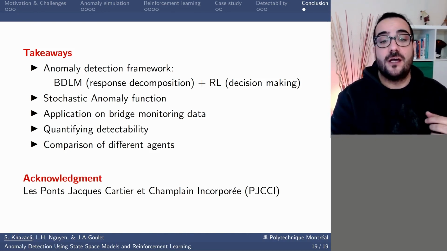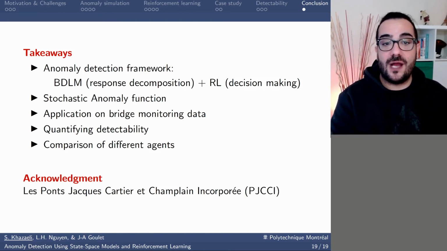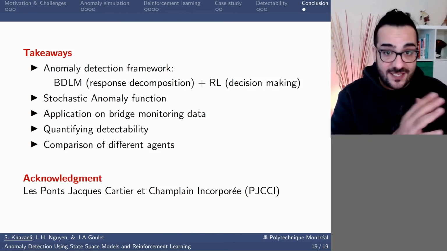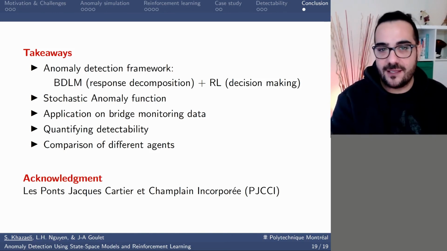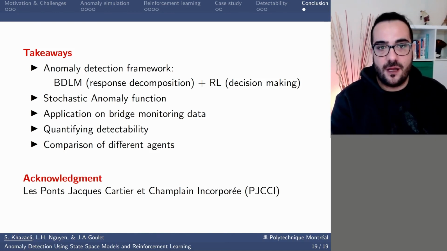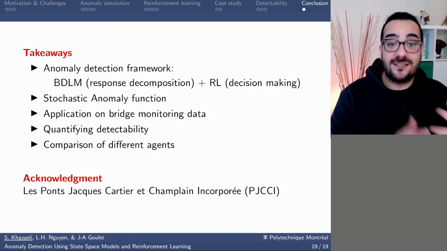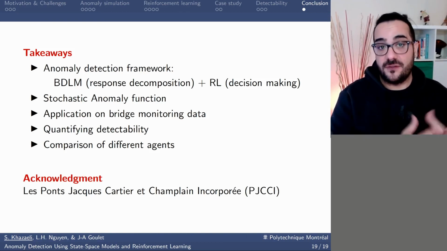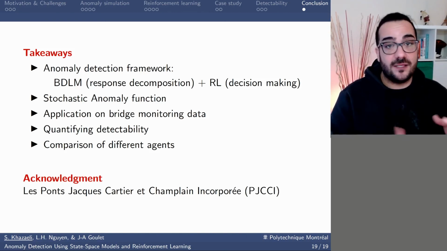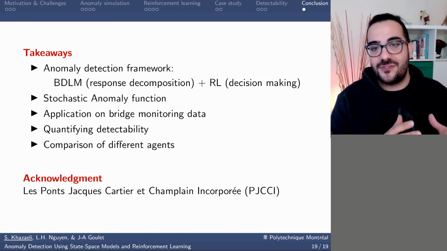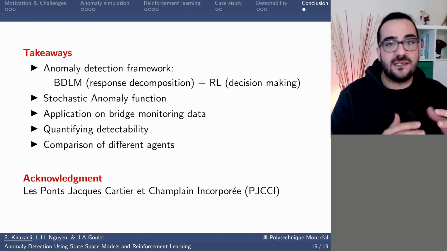In addition, we proposed a formalism for anomaly as the transition between the stationary and non-stationary regimes, and we showed the application of the framework on real data collected on a bridge. Later, we proposed a method to quantify the detectability of the anomaly detection framework. And finally, we compared different agents' behavior and showed how the detection metrics vary depending on the selection of the reward function values.